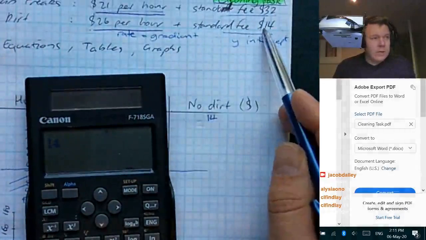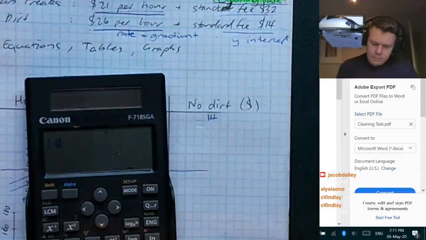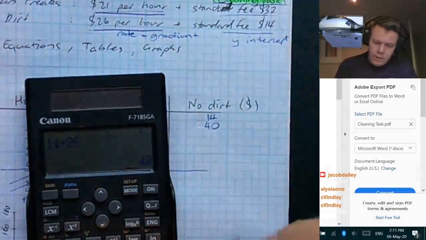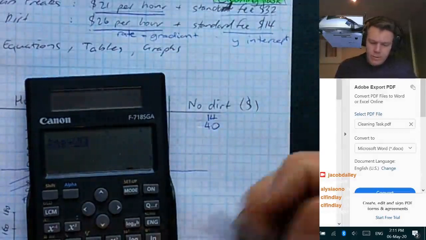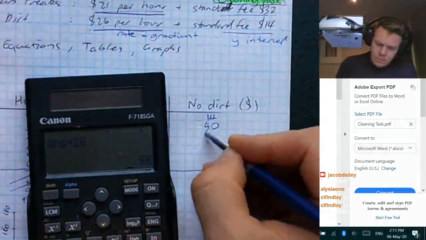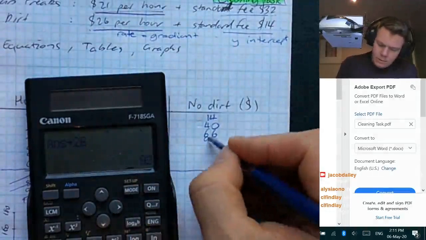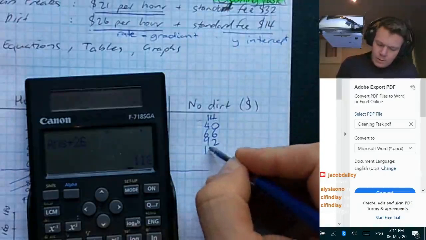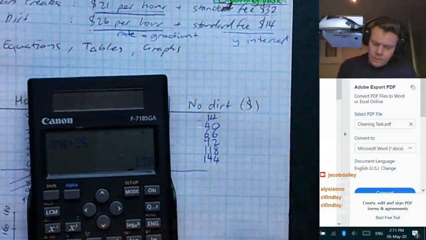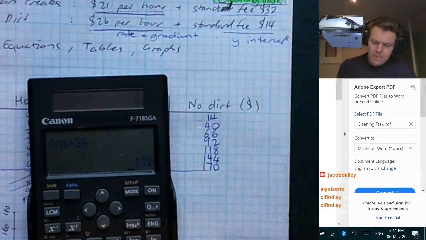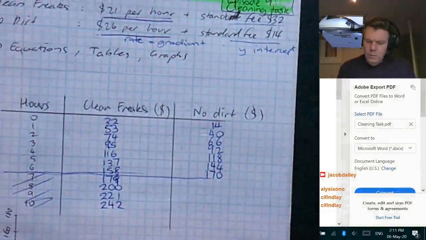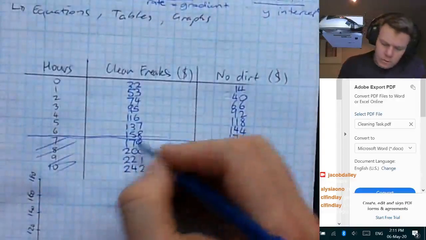So the standard fee is 14, and you'd add on 26 each hour. 14 plus 26 equals 40, and then if I go another 26, then the answer is going to come up: 66, 92, 118, 144, 170. Okay, so we don't need any of that.